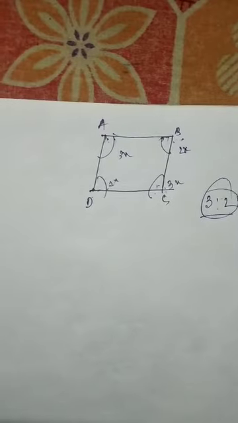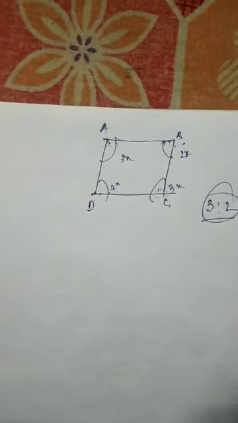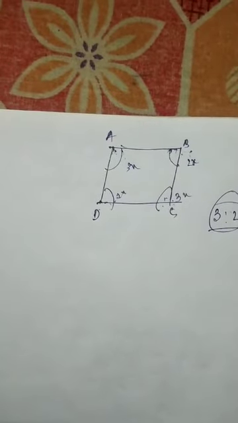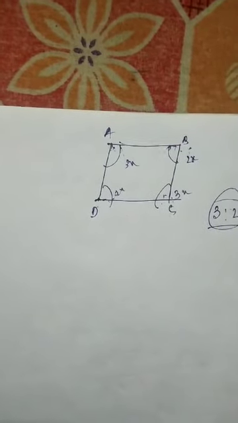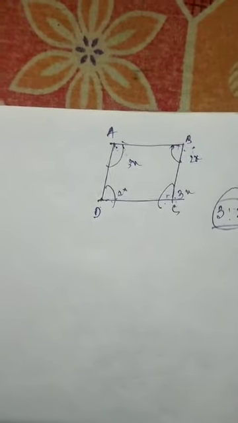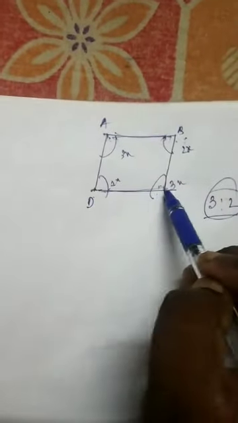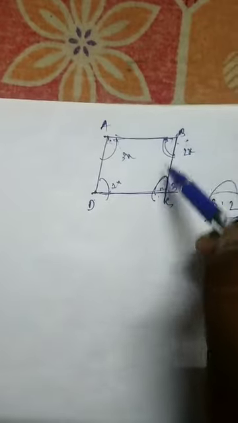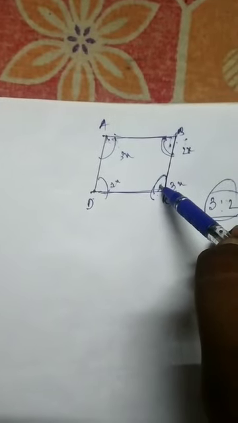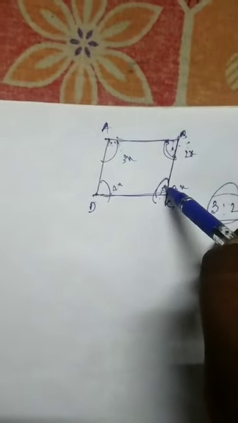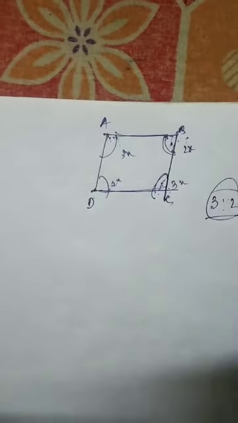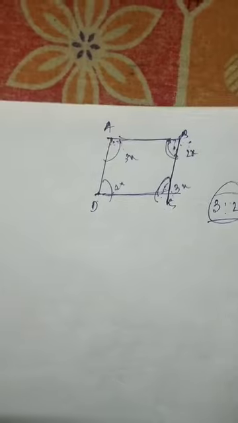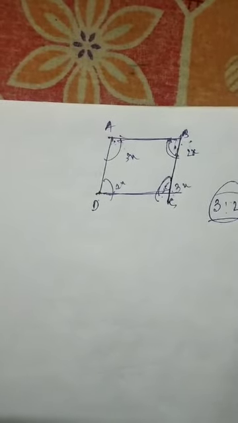Now, there are two ways to do this. Either you can add all four angles equal to 360 and find the value of x, or, since this side and this side are parallel and there is a common transversal, these two angles are co-interior angles on the same side of the transversal. In case of co-interior angles on the same side of the transversal, the sum must give 180 degrees.